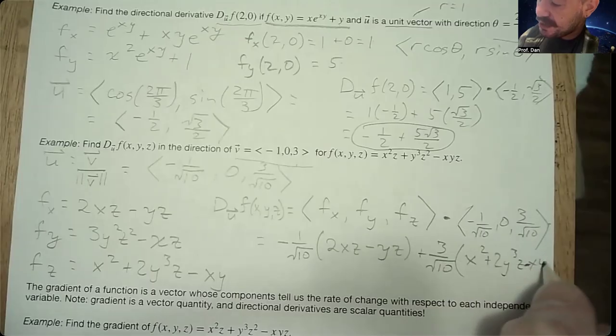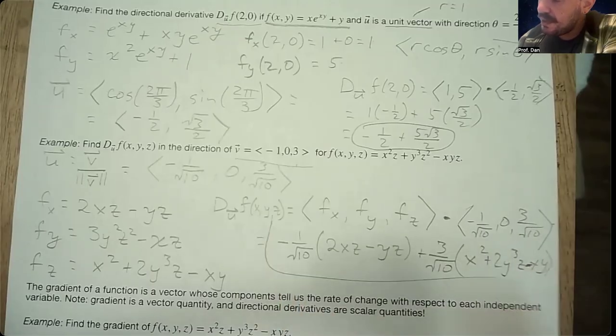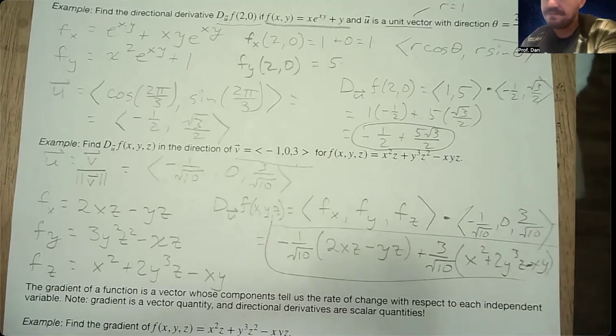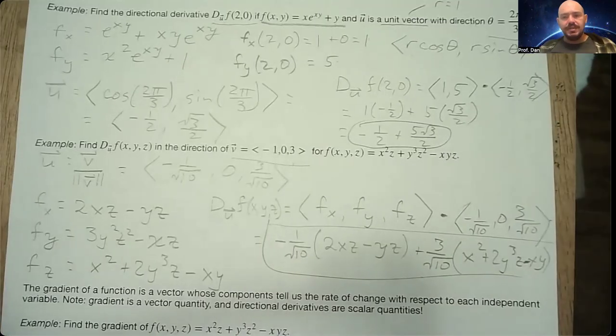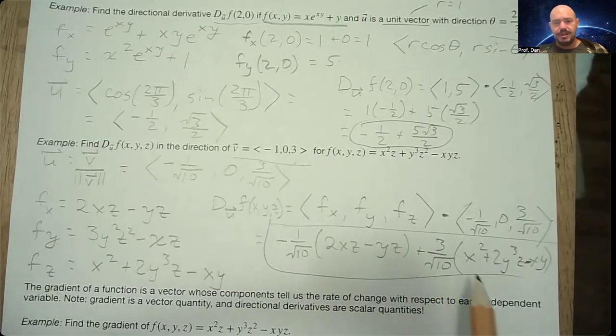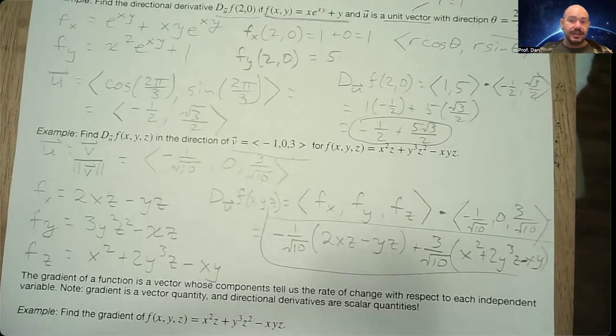And this is perfectly fine. If you have to simplify for multiple choice, the only thing you could really do is distribute, and if you have any like terms, meaning things that have the same variables to the same powers, you can combine them.